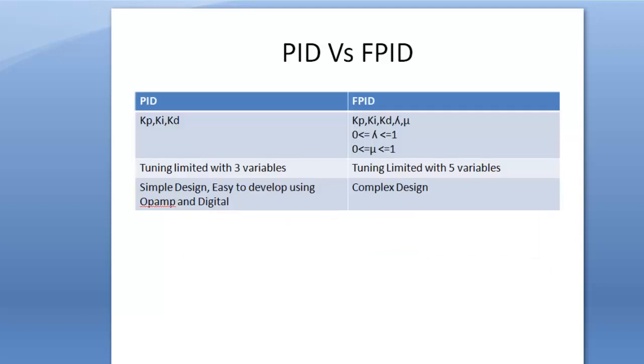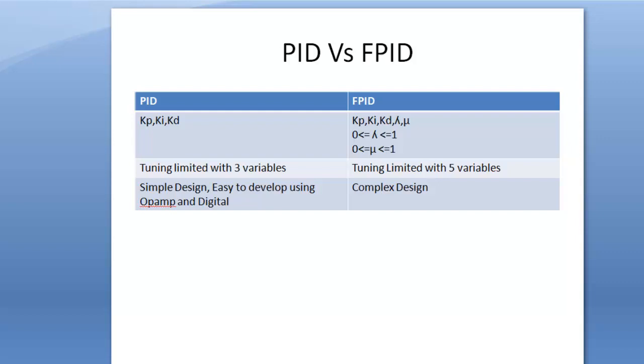Okay, PID versus FPID. Already we know PID has 3 parameters, Kp, Ki and Kd, and the fractional order PID controller has 2 additional parameters, lambda and mu, whose values are between 0 and 1. PID is easy to configure because there are only 3 variables. We already know the Ziegler-Nichols method or Bode plot method, so there are many methods to easily tune the PID controller.